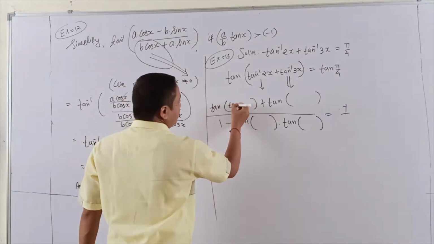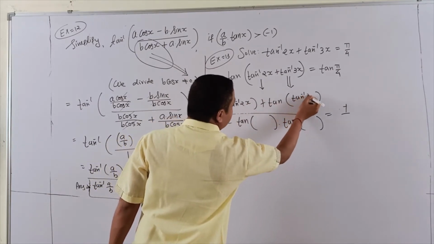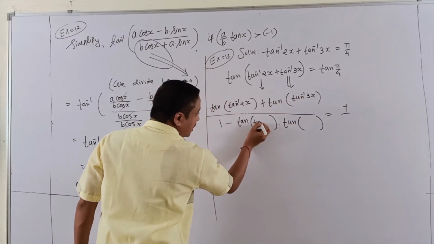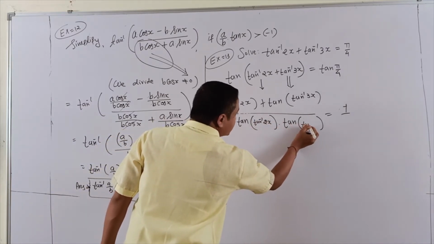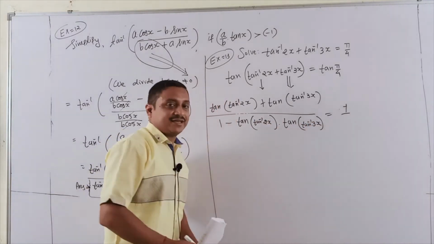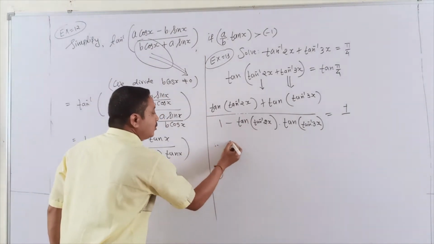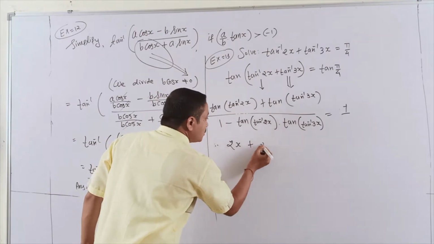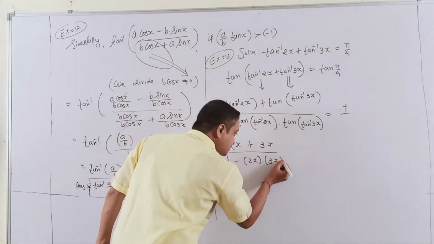Here apply tan inverse 2x, similarly 3x, same as 2x, and here also tan inverse 3x. Over the sum, we get 2x plus 3x by 1 minus 2x into 3x.